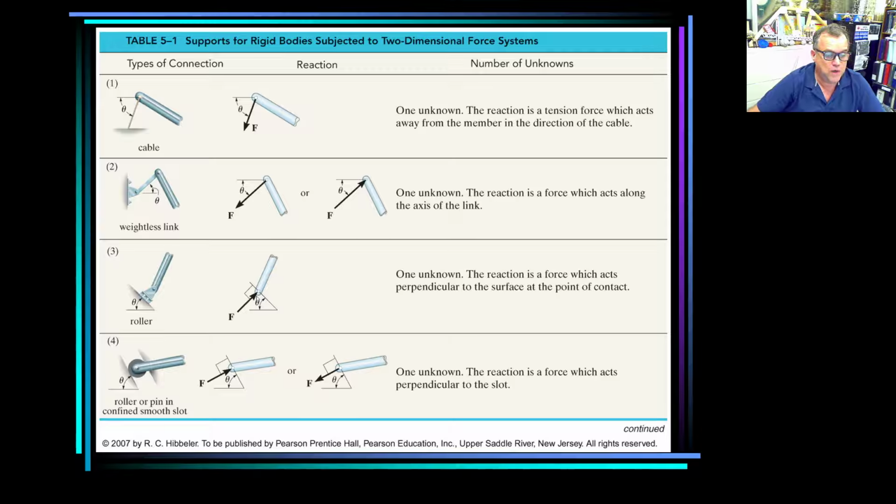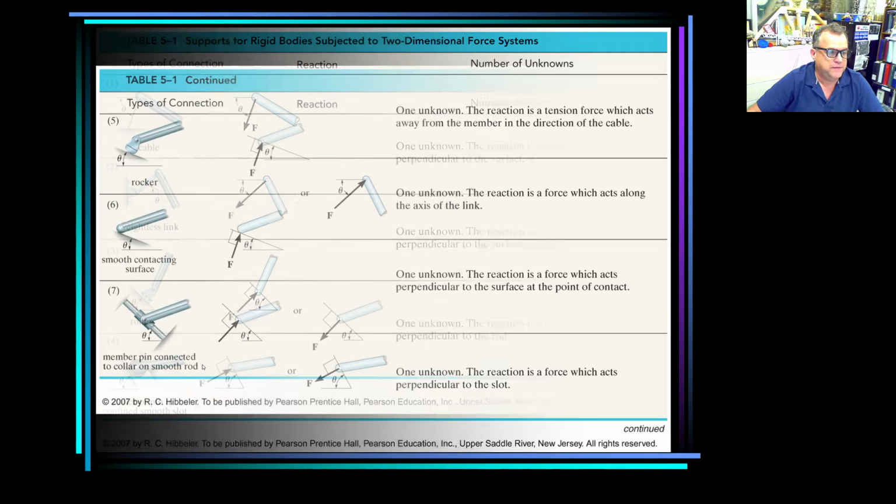Roller, only one perpendicular. Now this is the other type of roller that I was describing before, so you can produce one reaction in either direction. Once again, for this class, let's talk all the time about this type of roller, just for the sake of being homogeneous in our descriptions.